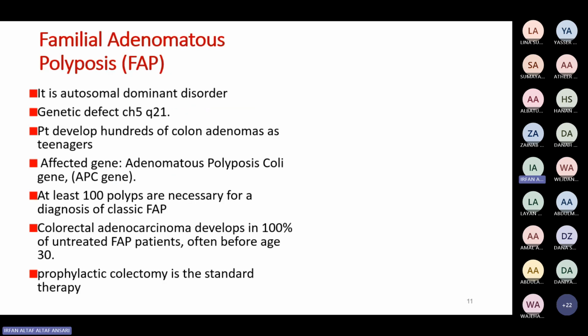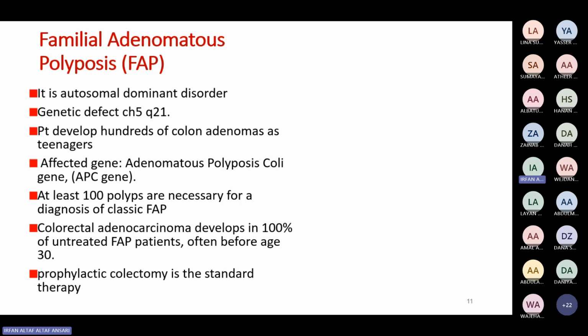Now come to familial adenomatous polyposis. What is this? It is an autosomal dominant disorder, a genetic defect in chromosome 5, short arm, q21. The patient develops hundreds of colon adenomas from birth to the teenage years. The affected gene is known as the adenomatous polyposis coli, or APC gene.